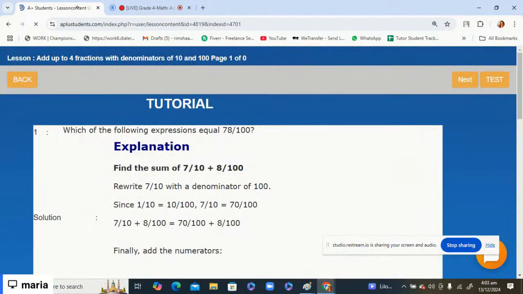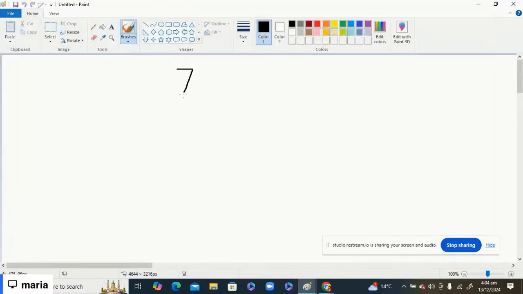Let's do this one. Which of the following expressions equals 78 over 100? We are just going to rewrite 7 by 10 with the denominator of 100. So how can we write 78 over 100 as a sum of these? Look, the denominators of both are the same: here is the 100 and plus here is the 100.